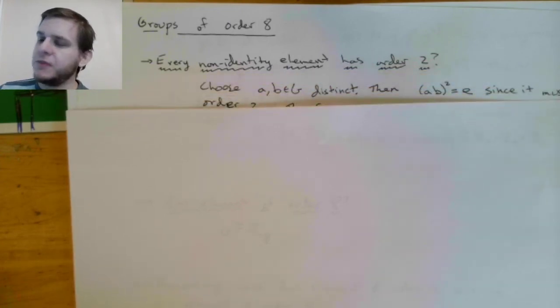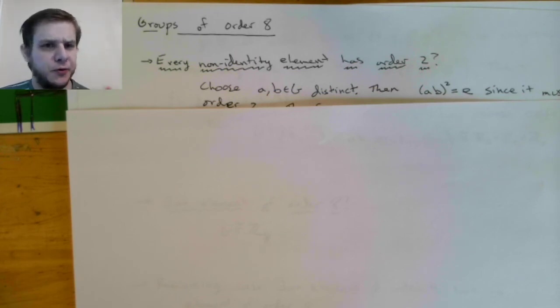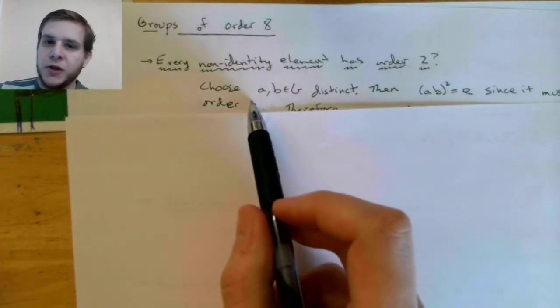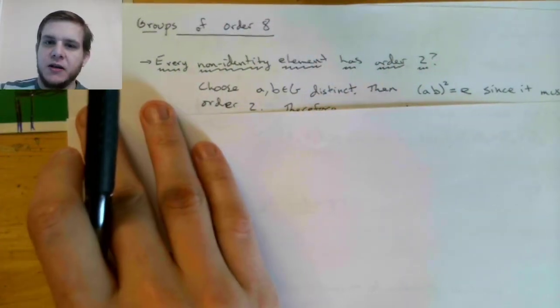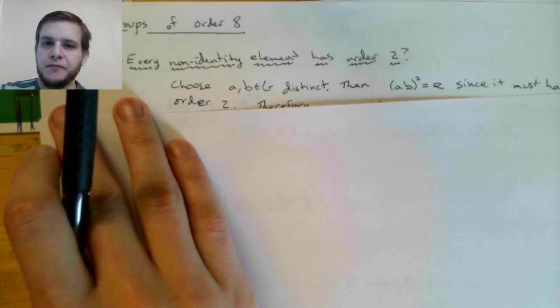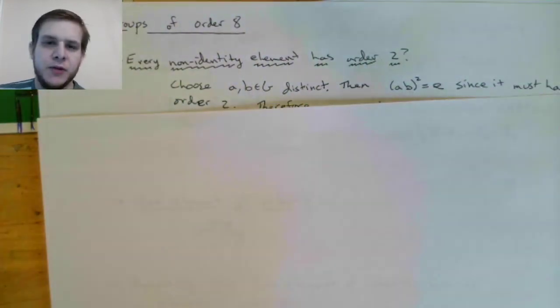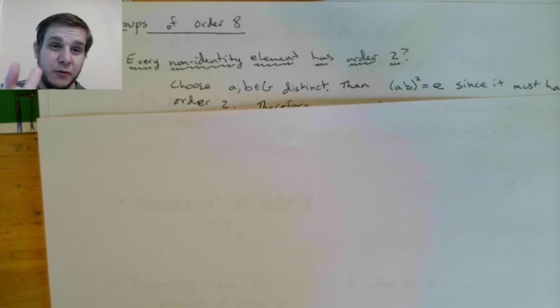And it's going to be very similar to what we did with groups of order 4, when every non-identity element had order 2 there. So basically, what I want to do is choose distinct elements A and B. So B cannot be equal to A inverse, because A inverse is equal to A. It has order 2. Therefore, A squared is equal to the identity, so A equals A inverse.